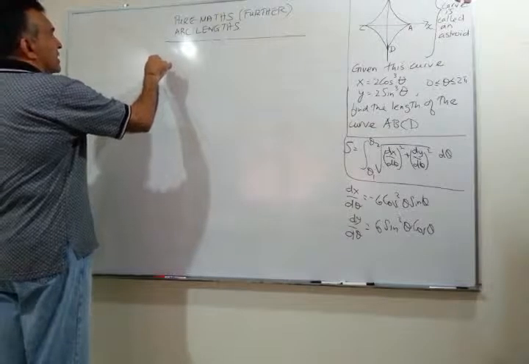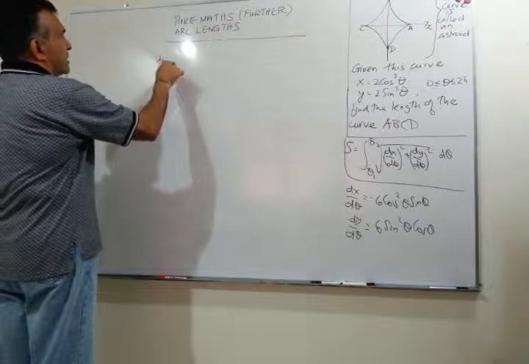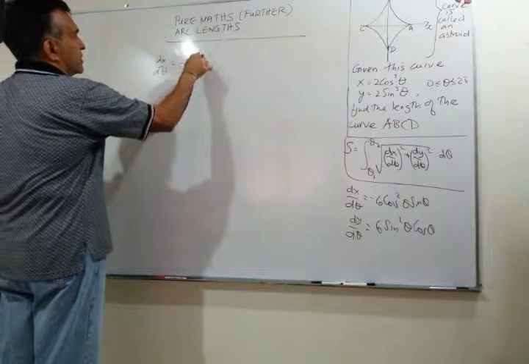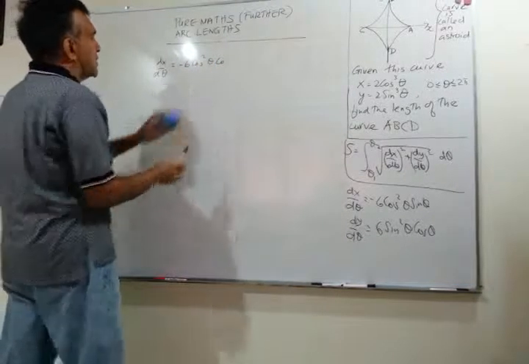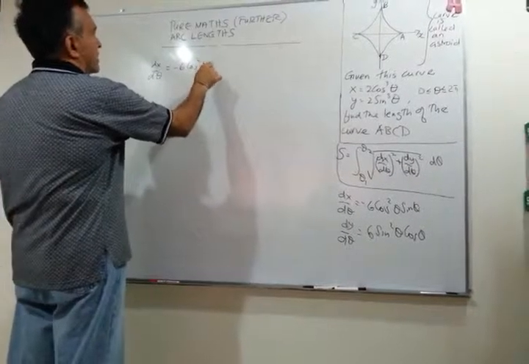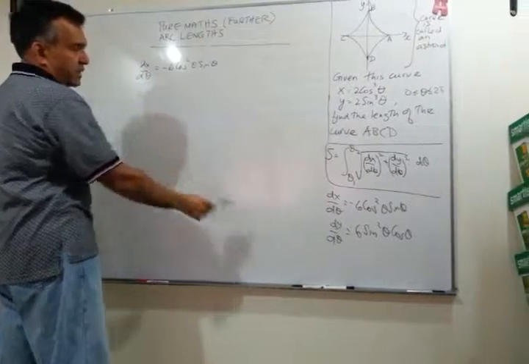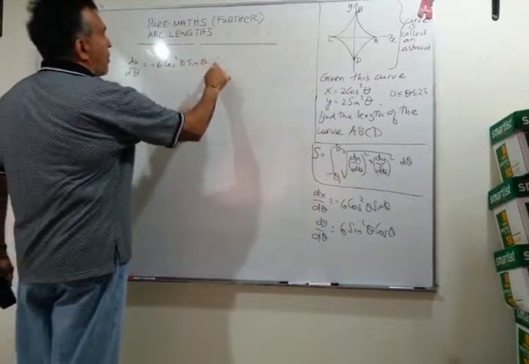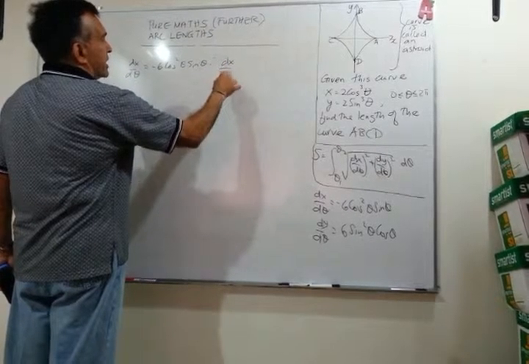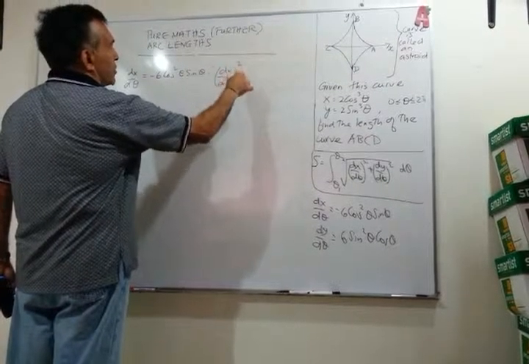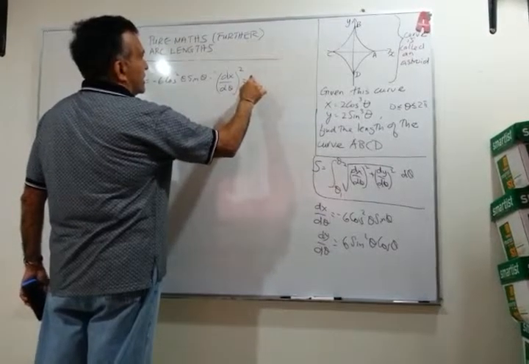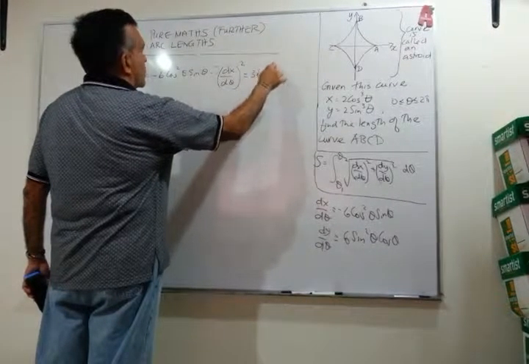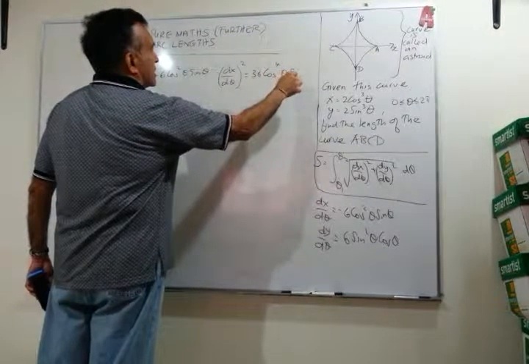So dx/dθ, let's write that down again here: negative 6 cos squared theta sine theta. Therefore, (dx/dθ) squared will be what? Good, 36 cos to the power of 4 theta sine squared theta.